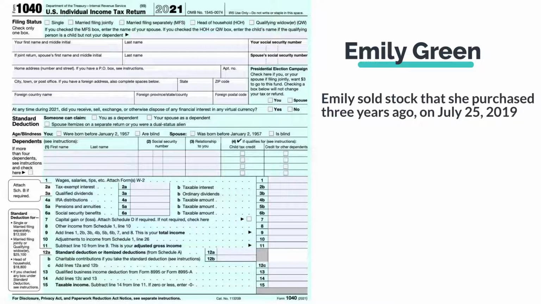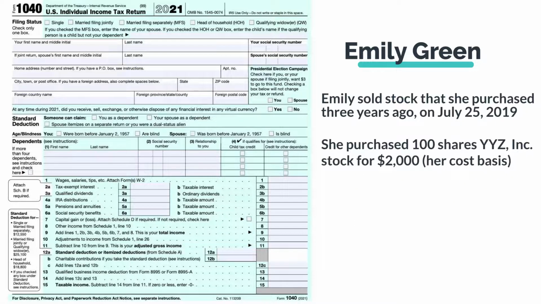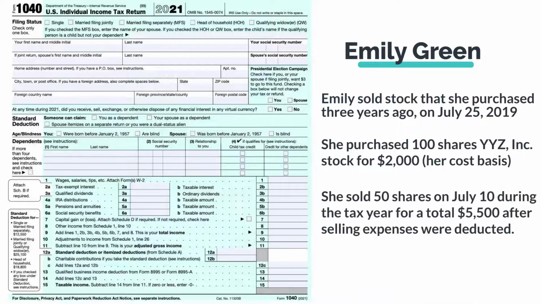She purchased 100 shares of YYZ Inc. stock for $2,000, which is her cost basis. She sold 50 shares on July 10th during the tax year for a total of $5,500 after selling expenses were deducted.